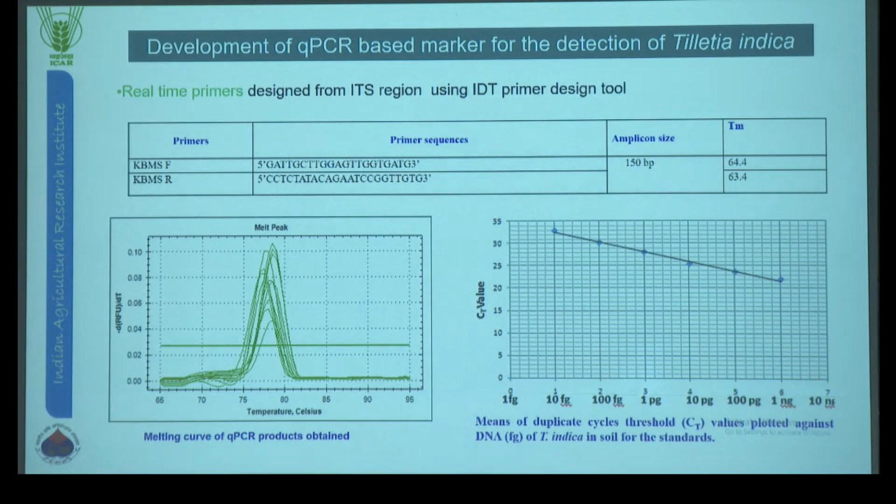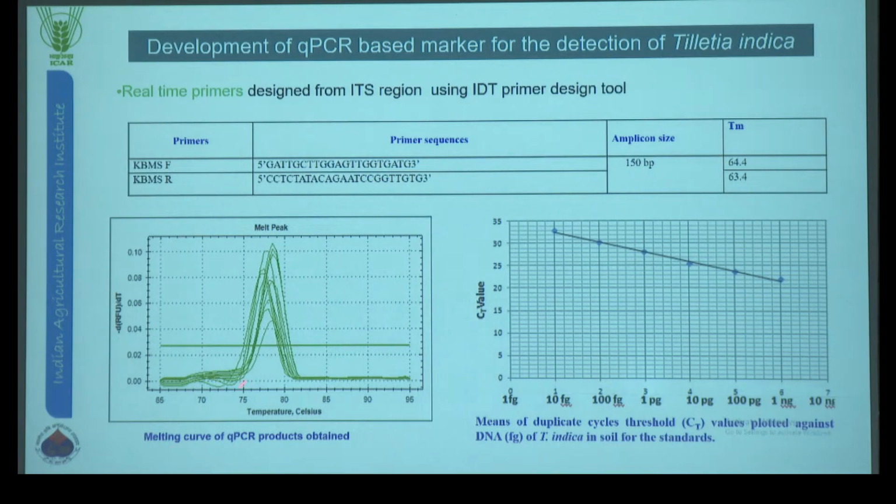In PCR we can take amplicon sizes of more than 300, 500, 600, but in real time we prefer less than 200 base pair, because it can amplify easily. For example, this is the Tilletia indica marker we developed based on qPCR. We designed primers from the ITS region gene sequence, with amplicon size 150 base pair.